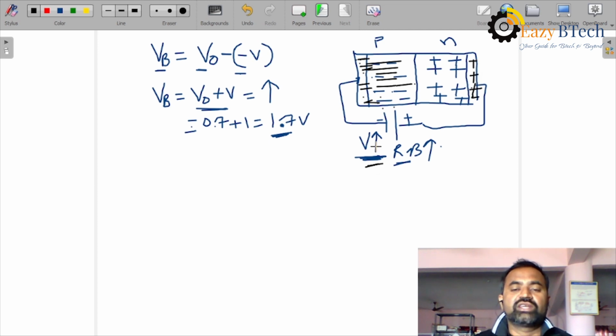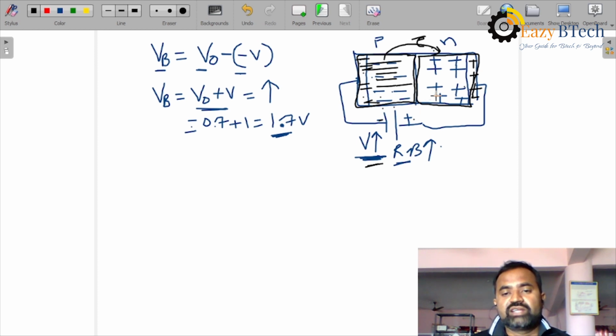As the reverse bias voltage increases further, the negative charges occupy this entire region and the positive charges occupy this entire region. Again negative repulsion and positive repulsion take place. Electrons move from the P side to the N side, and holes, the positive charges, move from the N side to the P side.